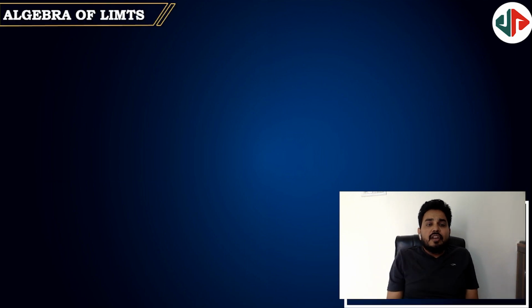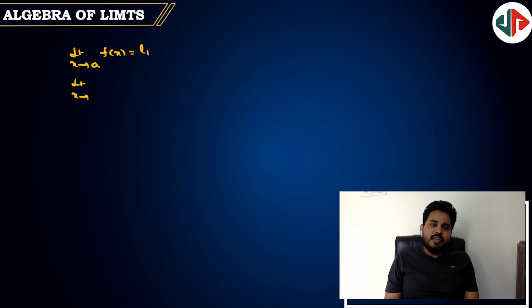Okay. So here let me give the algebra of limits. So what is this algebra of the limits? Limit as x tends to a of f of x is equal to L1. Limit as x tends to a of g of x is equal to L2.